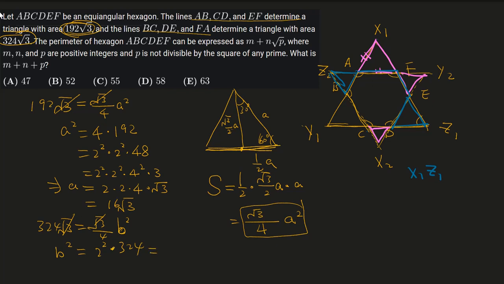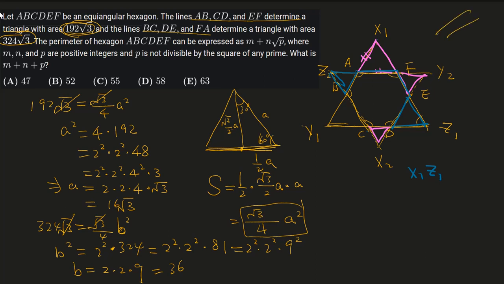And we can still factor a 4 out. So that's 2 squared times another 2 squared times 81, and 81 is 9 squared. So it's 2 squared times 2 squared times 9 squared. Therefore, B equals 2 times 2 times 9, which equals 36.